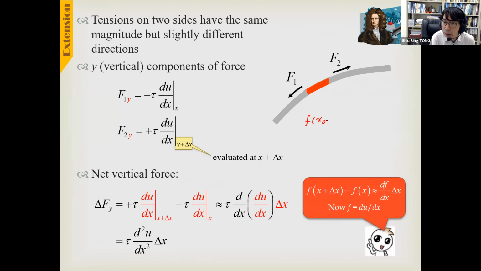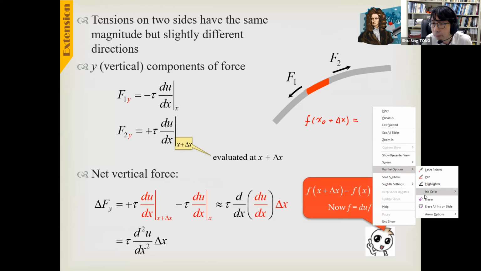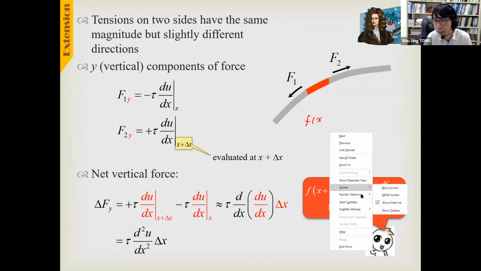And suppose now I have a small change delta x. So what would then be the Taylor series? Suppose I'm making a Taylor series about a fixed point. The fixed point is called x naught. What is the Taylor series?